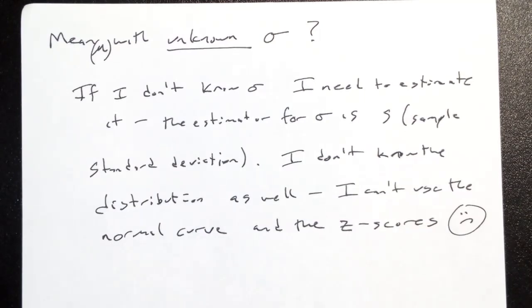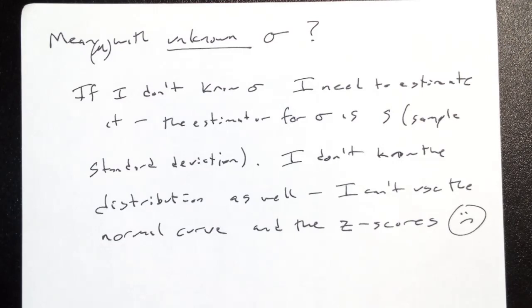So if I can't use the normal distribution, I can't use z-scores, I need to use something else. Now the question is, what is the appropriate something else? It turns out that the appropriate something else was developed by a gentleman by the name of Gossett.